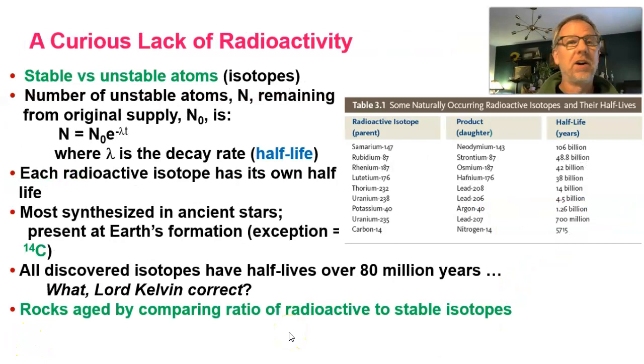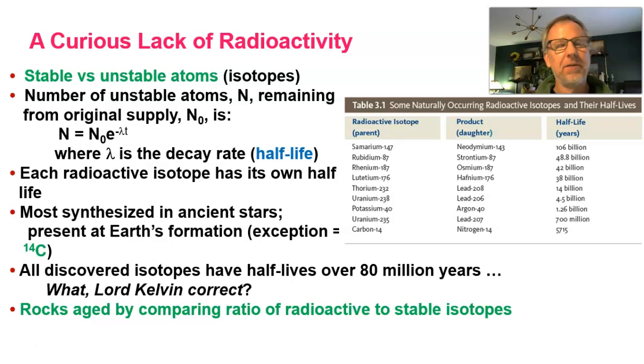So now we turn our attention to radiometric dating. The title of this section is A Curious Lack of Radioactivity, which you'll see what that title means in just a moment. But we first need to review that in the world of chemistry, in our periodic table, the elements are represented by atoms, and atoms can either be stable or radioactive, unstable.